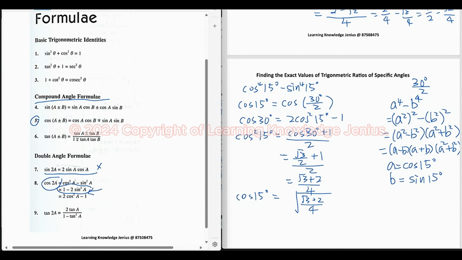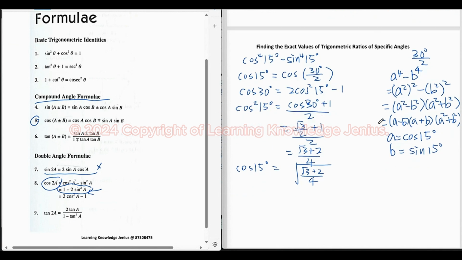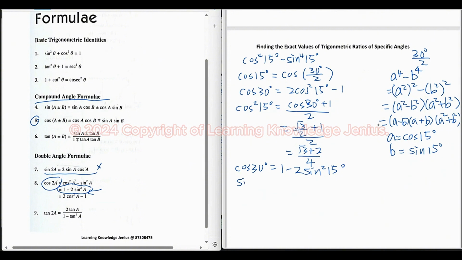I think I will just use the second one. So I directly use cosine 30 degree is equal to 1 minus 2 sine square 15 degree here. So rearrange, then simplify.